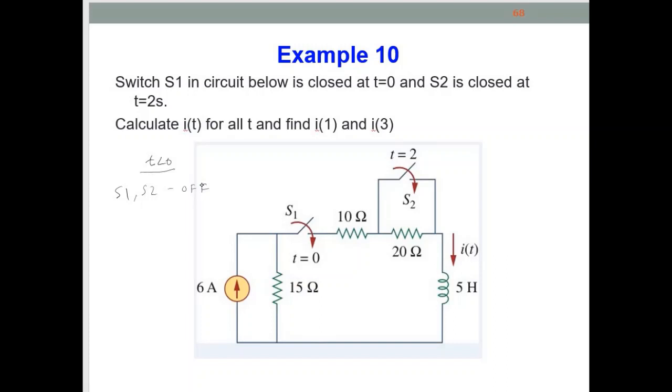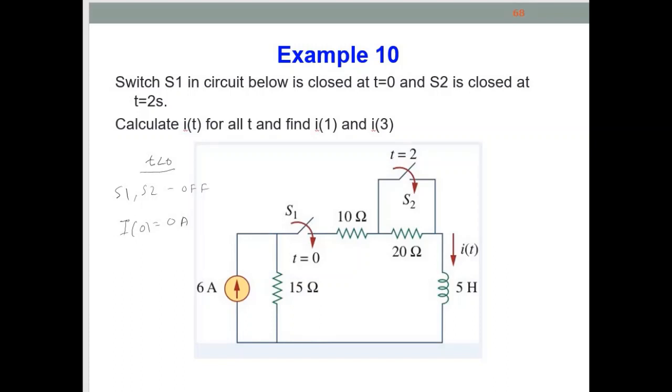So the only component involved is the 6 ampere source and the parallel 15 ohm resistor. So no current will flow through this inductor. So I naught here will be 0 ampere.